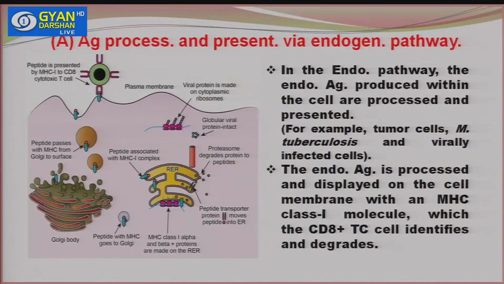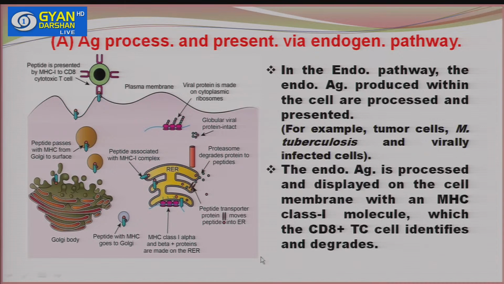Dear learner, welcome to my next part 2. In this part, I want to discuss antigen processing and presentation by the endogenous pathway. Basically, in the endogenous pathway, the pathogens are present inside the body, inside the cells.